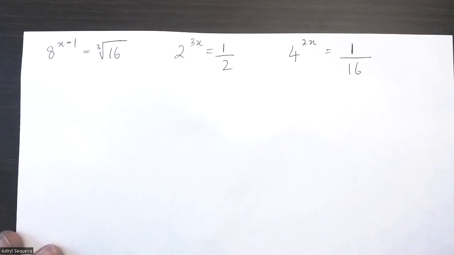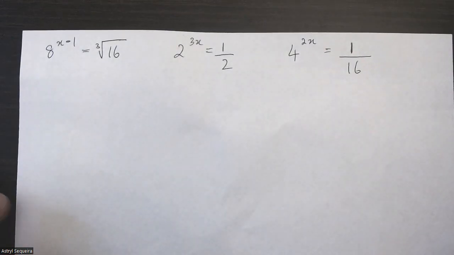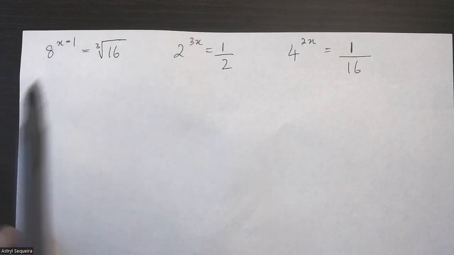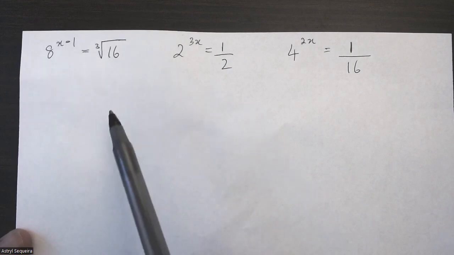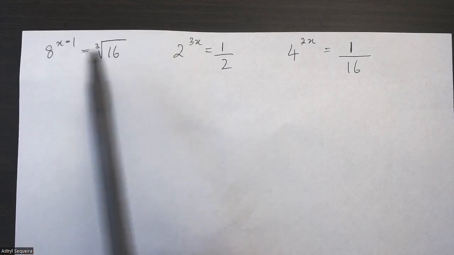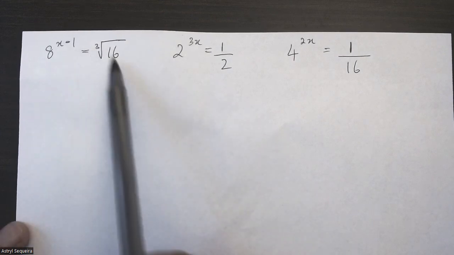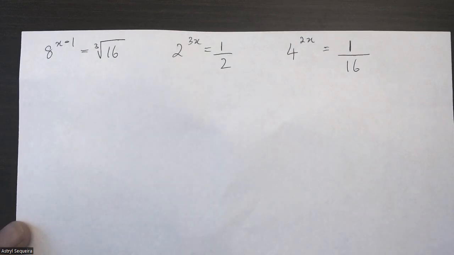All right, let's take a look at the next 3 examples. Slightly more difficult, but pretty much the same. You just have to do the same procedure. So if I compare 8 and 16, I know that my common base is 2, but I have a cube root in this equation as well.